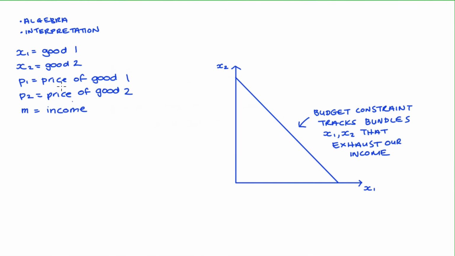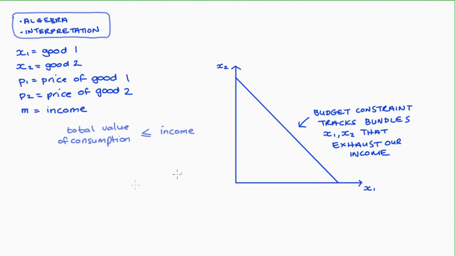Now, the algebraic construction is actually really intuitive, and we can start by thinking, well, the total amount of money that we spend on our consumption bundle, so the value of our consumption bundle, has to be less than or equal to the amount of income that we have.